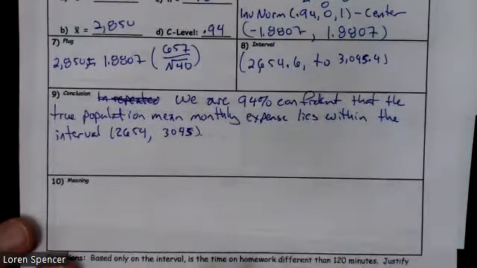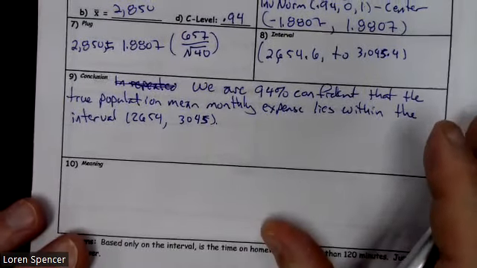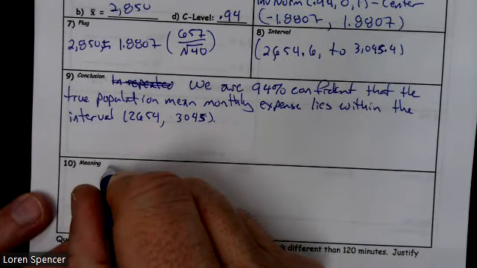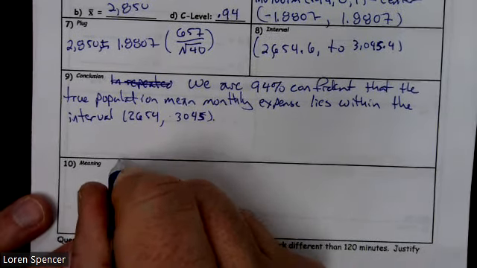All right. Now, the meaning goes, okay, if we're going to do this over and over again, how likely is this going to happen? Well, if we did it over and over again, that means if we sampled over and over again.